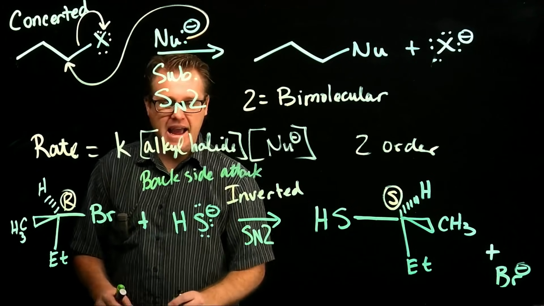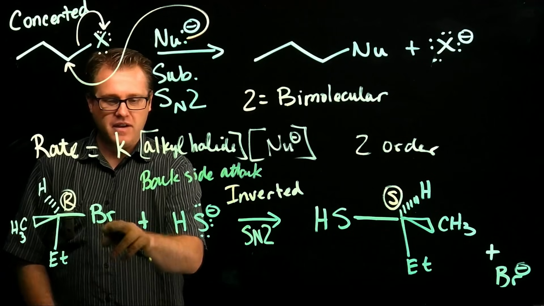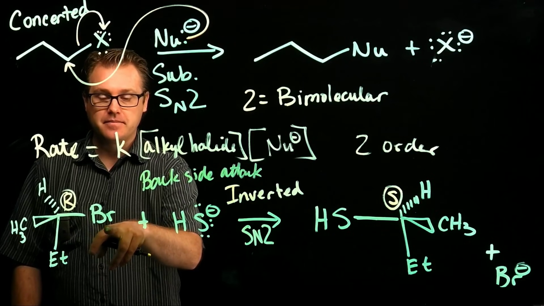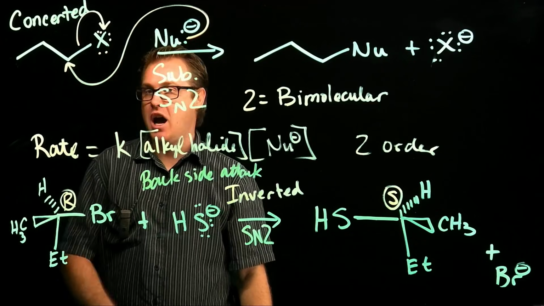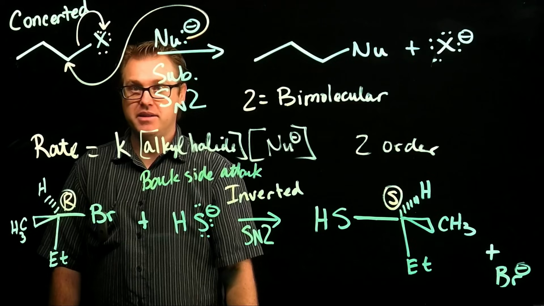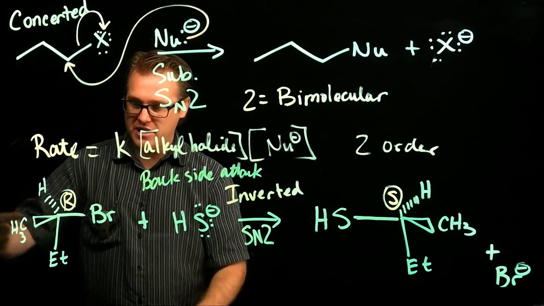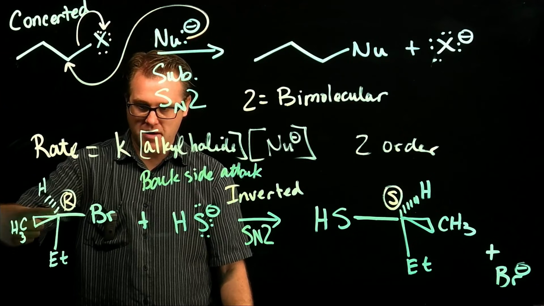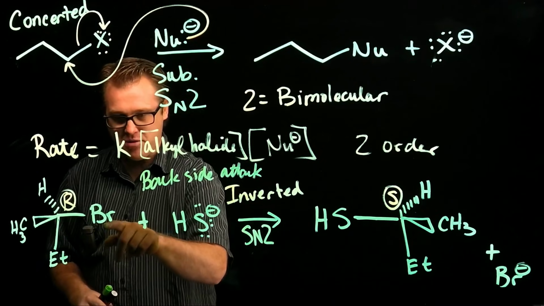Backside attack means that when you look at the molecule, you find the alkyl halide, and the nucleophile is going to attack 180 degrees from it. So where's the backside with respect to this bromine?